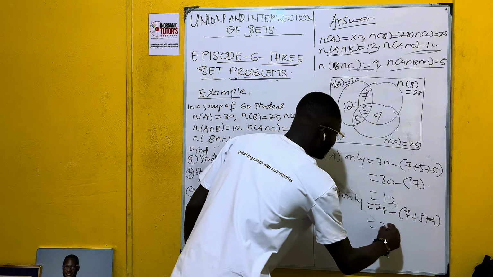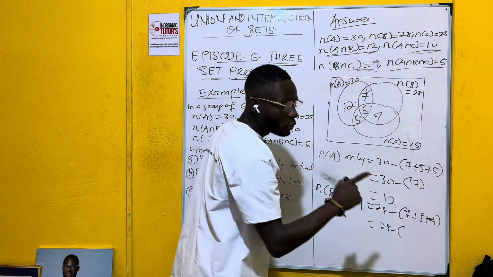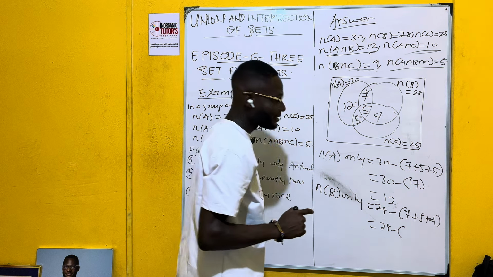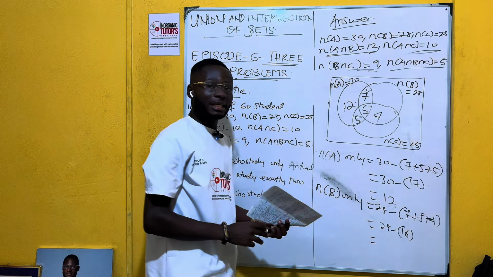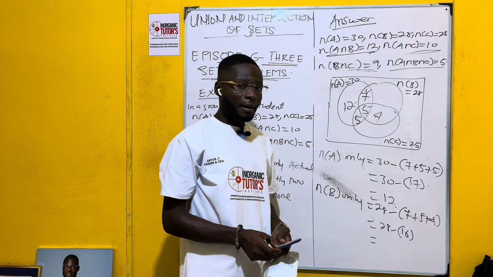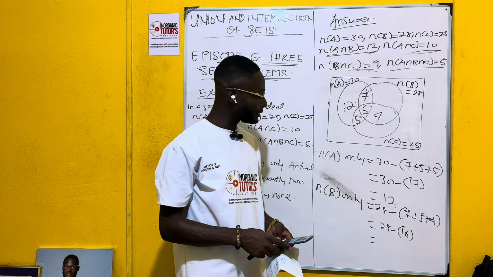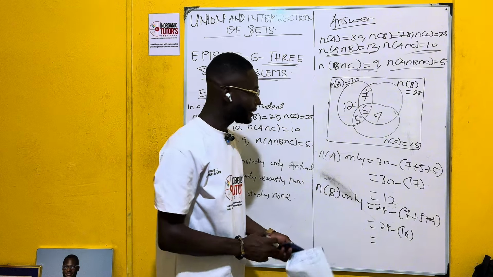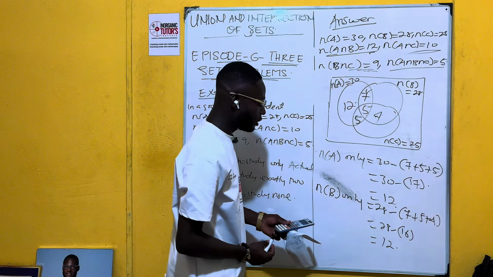So we have 7 plus 5 is 12, 12 plus 4 is 16. So we have 16 here. We take 16 from 28, and then we have the number of biology students only, and that is 12 as well.